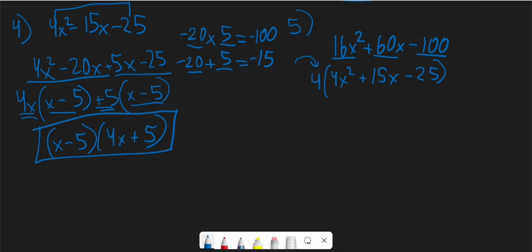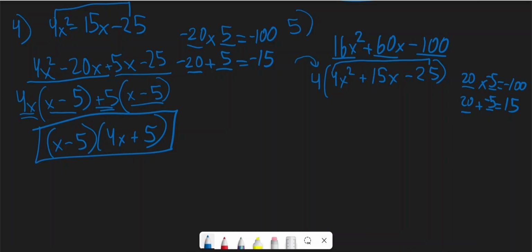All right, so now again, two numbers that multiply to AC, which in this case AC would be 4 times negative 25, and that's negative 100. And then add to your B term, which the B term over here would be a positive 15. Very similar to what we had for number 4, right? So the two numbers would be 20 and negative 5.